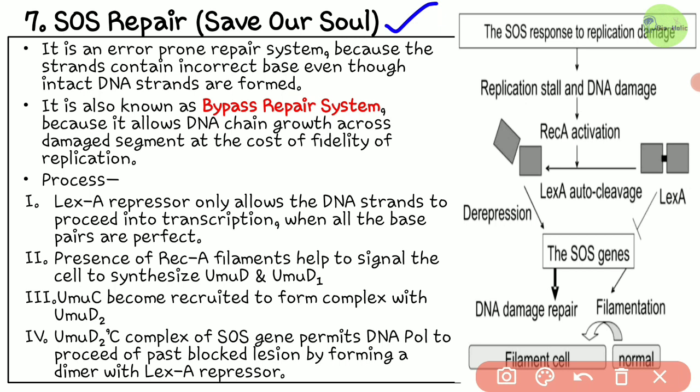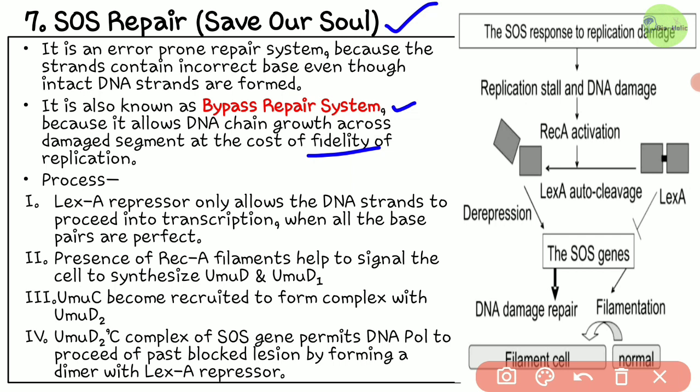So this is also known as the bypass repair system because it allows DNA chain growth across the damaged segment at the cost of fidelity or accuracy of replication. So the process is, LexA repressor, which acts on a promoter, only allows the DNA strand to proceed into transcription when all base pairs are perfect.